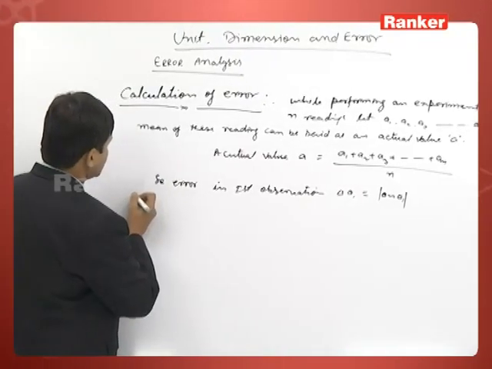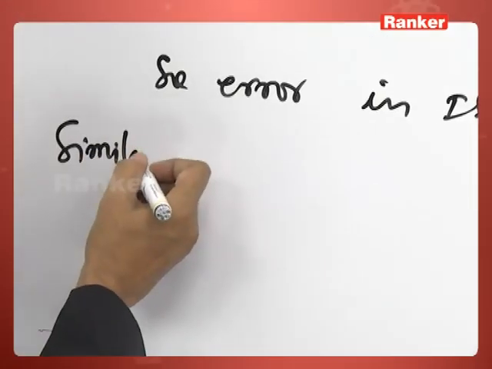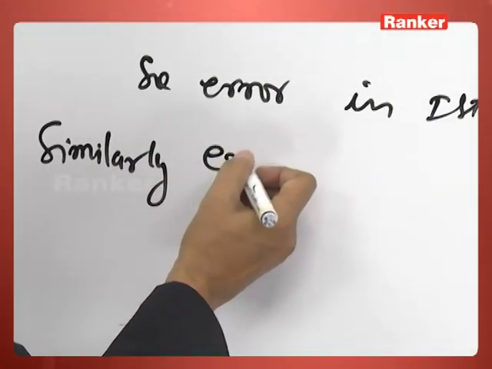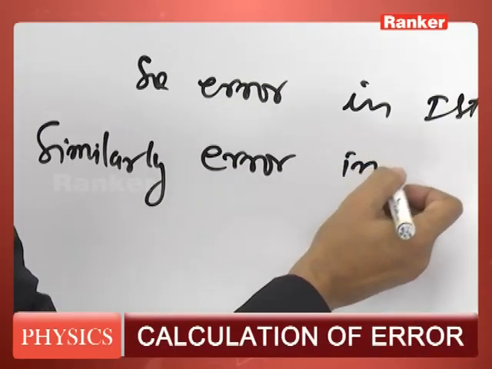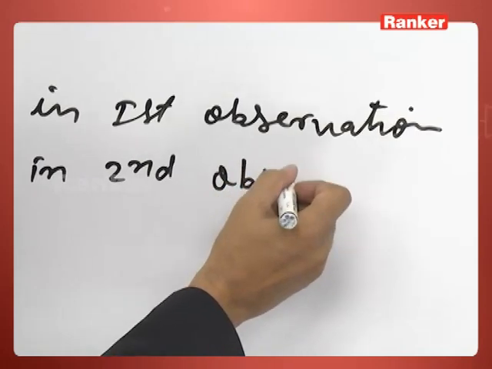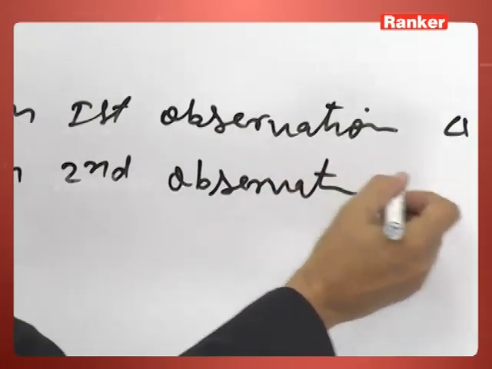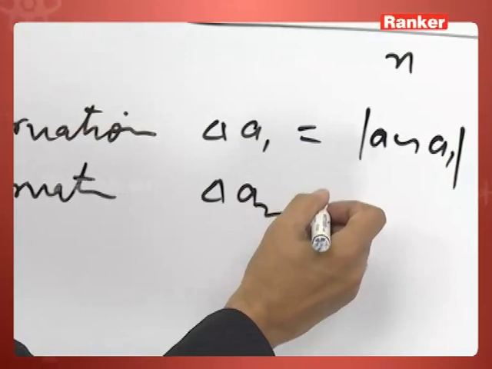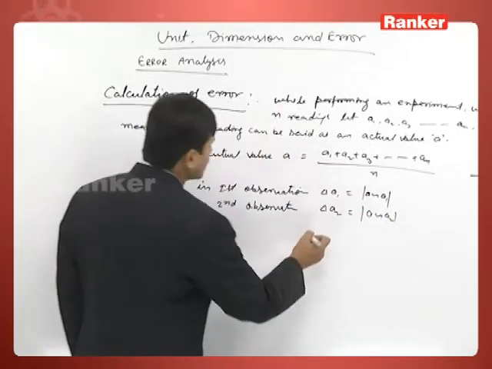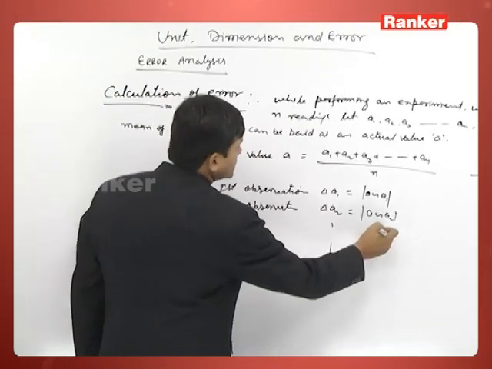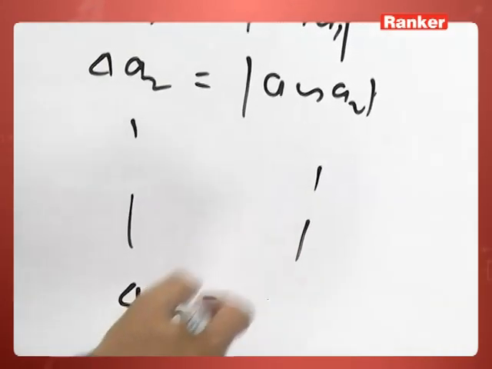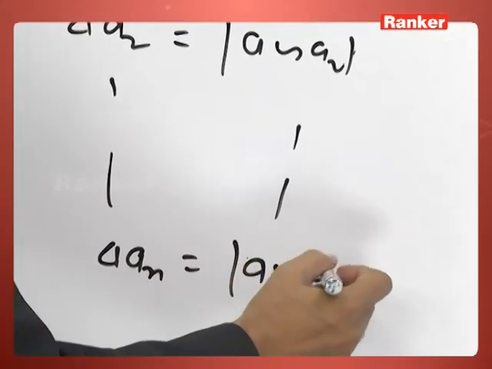Similarly, the error in the second observation is delta A2, which is the modulus of A minus A2, and so on. Likewise, we have delta An as the modulus of A minus An.